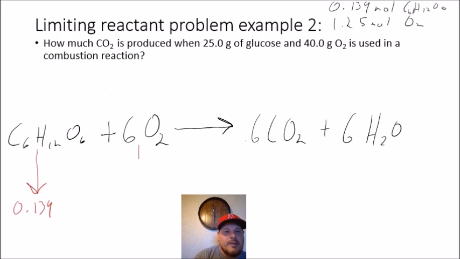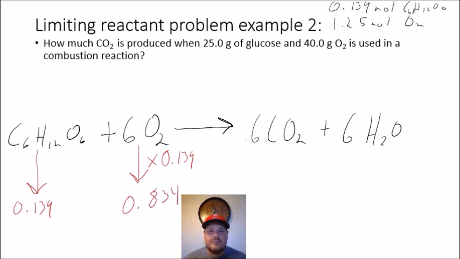And if I'm using the molar ratio, the ratio of oxygen to glucose is 6 to 1. So I'm going to multiply the moles, 0.139, times 6. When I do that, I get a grand total of 0.834 moles.